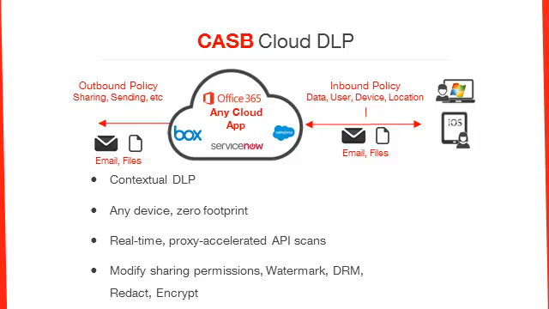Instead of just having a managed device on the network, as was often the case before, the ability to provide access on any device and still be able to secure that data on an unmanaged device is incredibly valuable to organizations. And then there's the real-time proxy accelerated API scans, right?